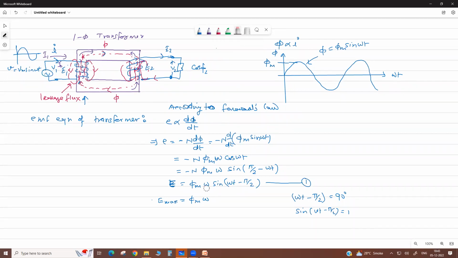N is also there, we forgot n here. So it is n phi m omega only, with phi m the maximum flux.